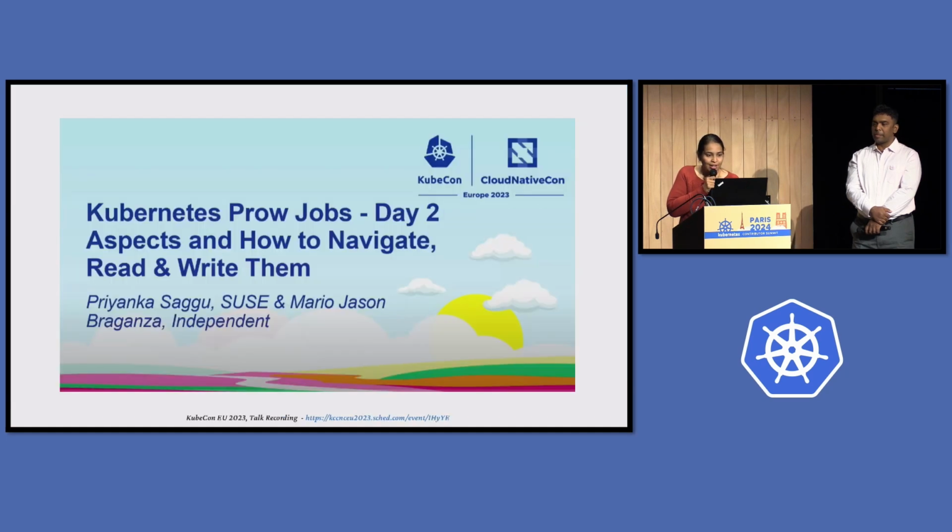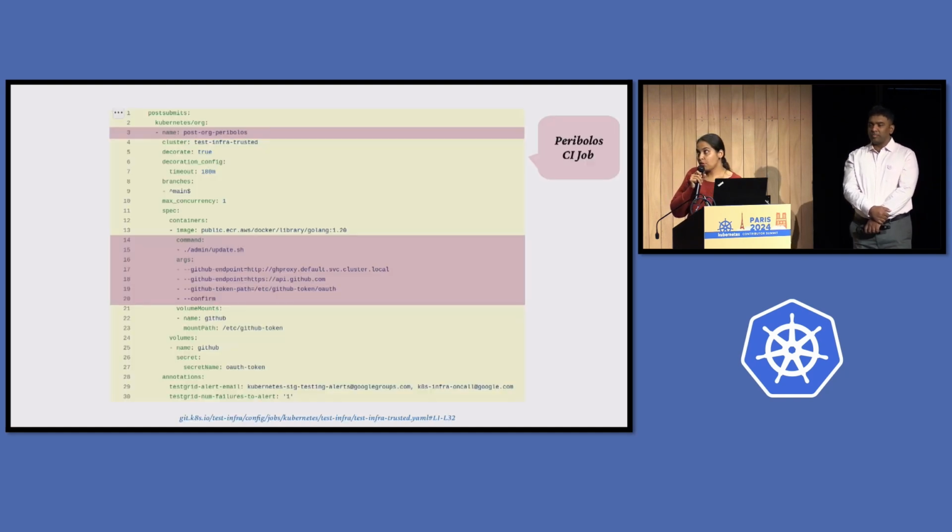Thank you. We have a talk from a past KubeCon where we discussed how to read the Prow jobs, or how to write or navigate through the existing Prow jobs we have for the Kubernetes project. But just for this talk, this is one of the Prow jobs that monitor all the changes that are happening on the Kubernetes/org repository.